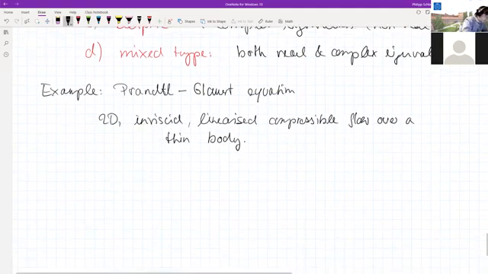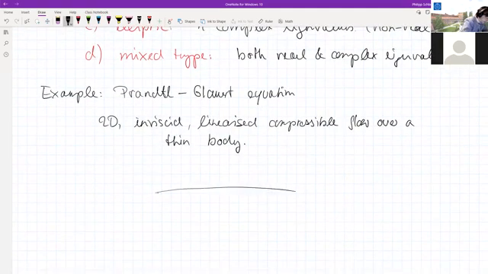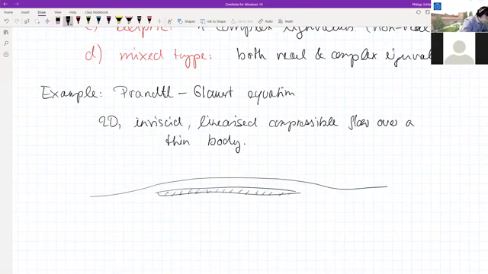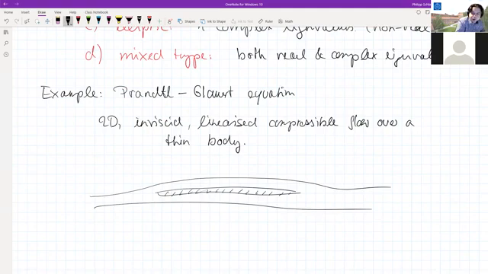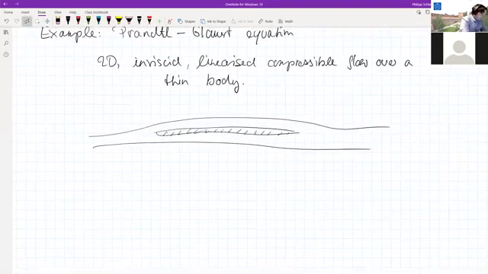So you have something like this, a very thin body like this, and it describes the flow around this, and how the flow is deflected in this case. The equation is as follows.